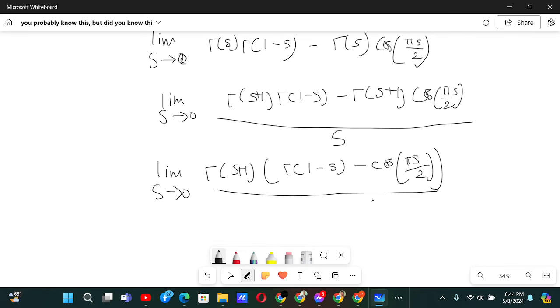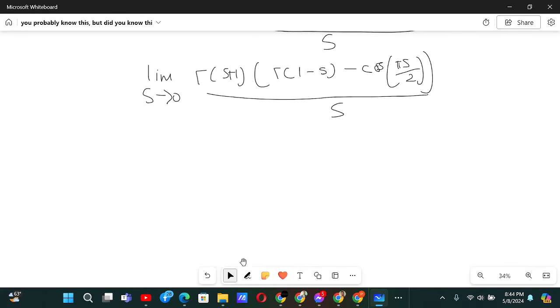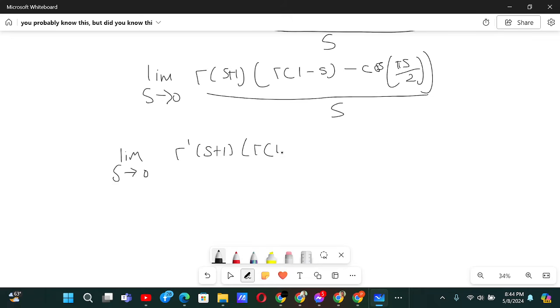Okay, so now let's use L'Hopital's rule and differentiate numerator and denominator. Limit s goes to 0, gamma of s plus 1, and gamma of 1 minus s minus cos of pi s by 2.